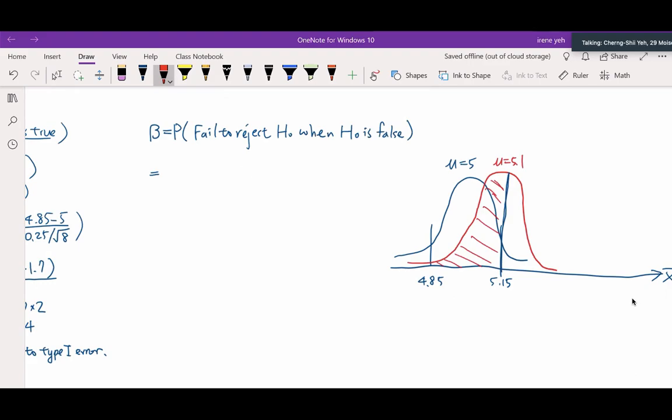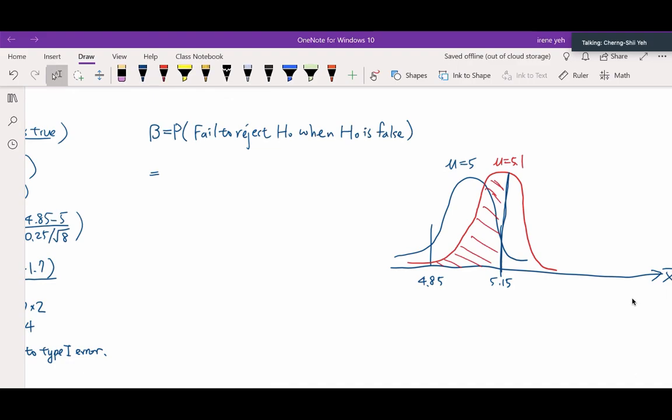Oh, okay, scale-wise, they're so close to each other. The question is trying to prove a point that when you're only moved by 0.1, it is very hard to detect that change. As a result, your beta is going to be very high. It's highly possible to fail to detect the change. Okay.